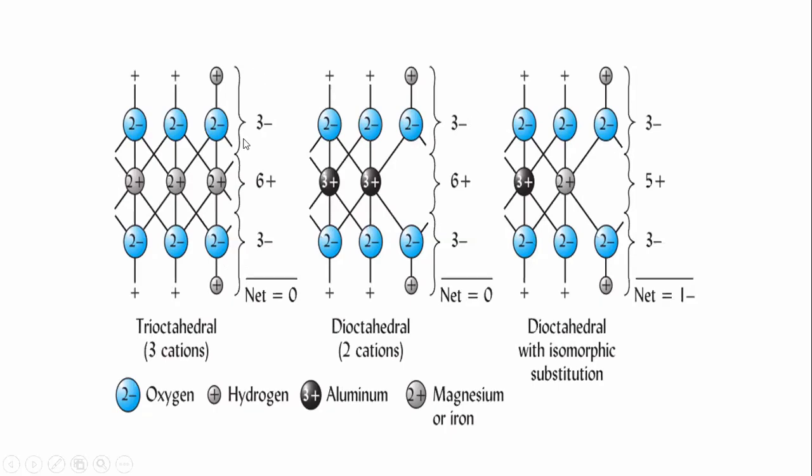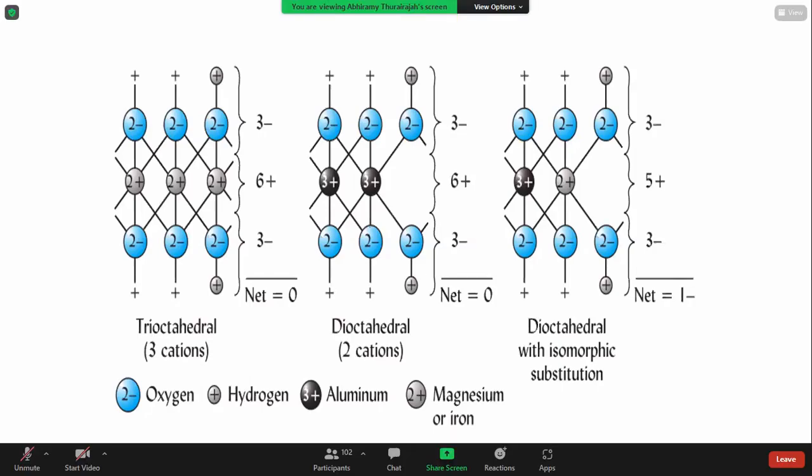So together in the trioctahedral sheet, the net charge is 0, with 6 plus and 6 minus. Then the net charge is 0. Is it clear? Clear? 164?